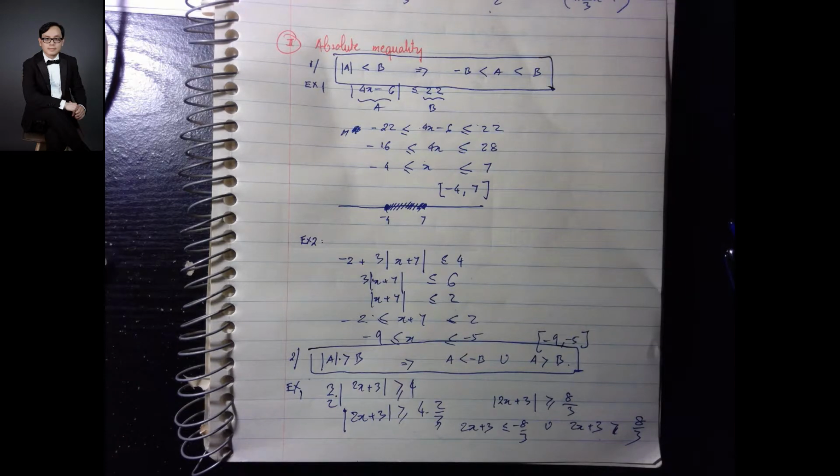If you have the form absolute of A equal B, then it means that on the left side we have the absolute function of the V shape. On the right side we might have a linear function or just a constant function. Then we find the intersection point between the V shape and that linear function on the right side.